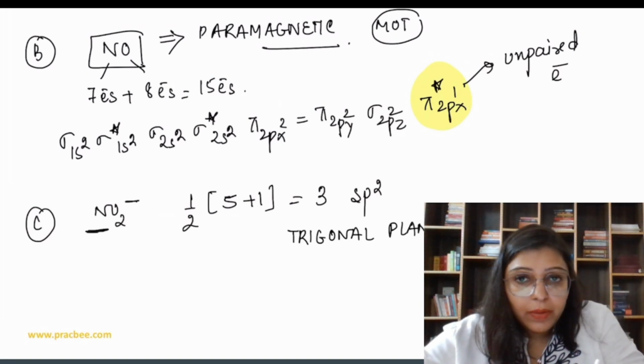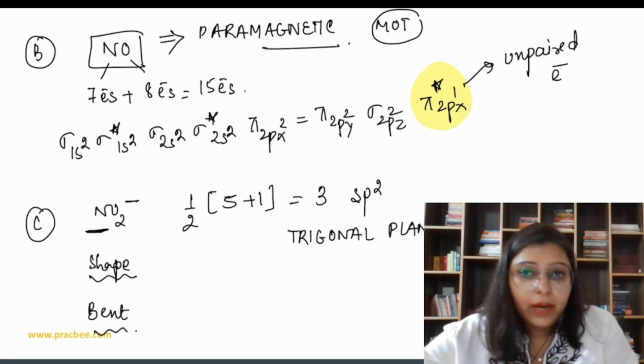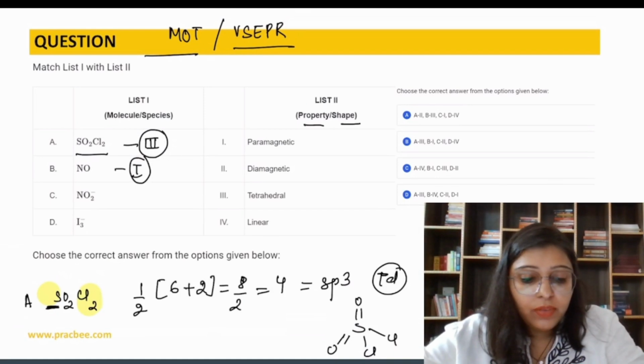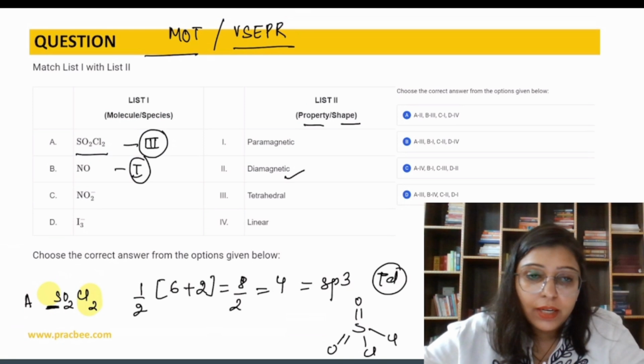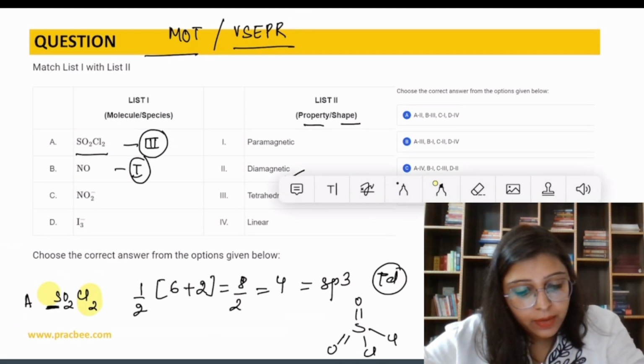But it is going to be bent due to the presence of the lone pair. So the shape is not trigonal planar, it is going to be bent. So the bent option is not there. It means we have to check whether it is diamagnetic or not.